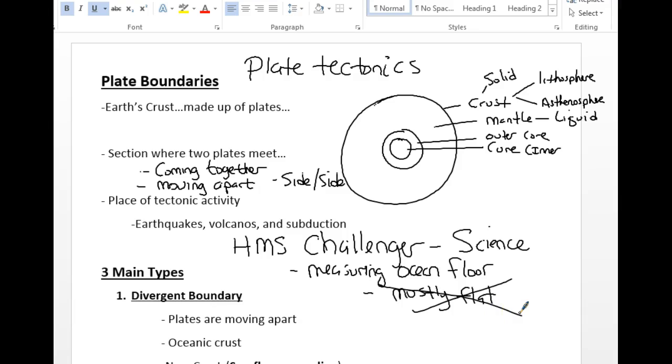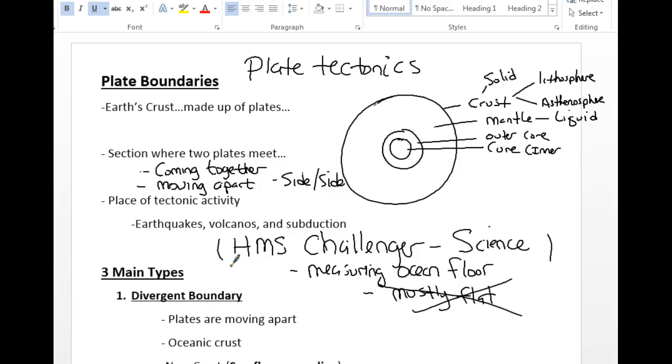In fact, it has mountain chains, it has valleys, and it does have some flat parts called abyssal plains, and it has something called the continental margin and so on, and we're going to learn some of those as well. But the Challenger is the one that really started opening this idea that the sea floor isn't just flat, and there are mountain chains.